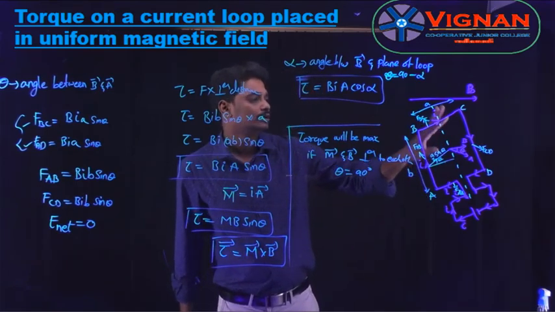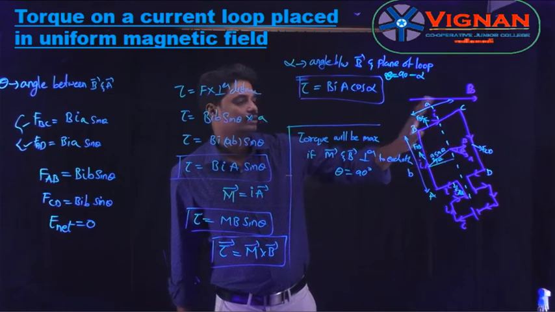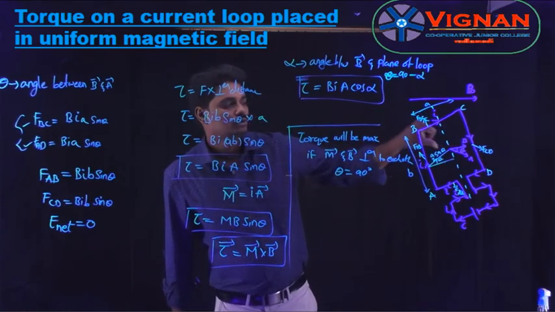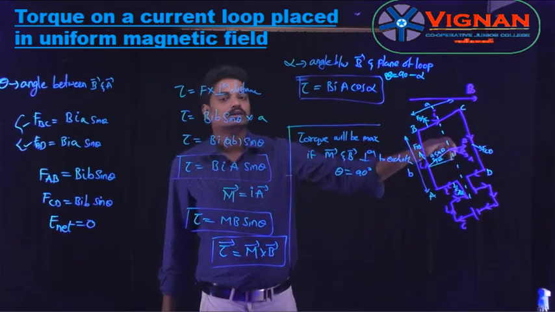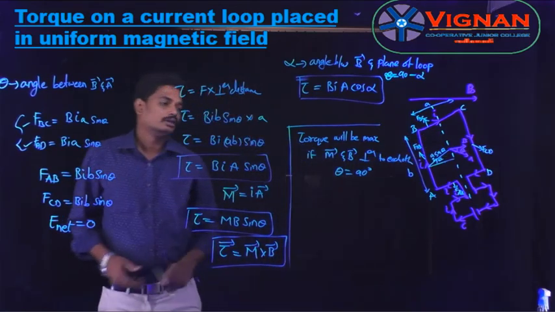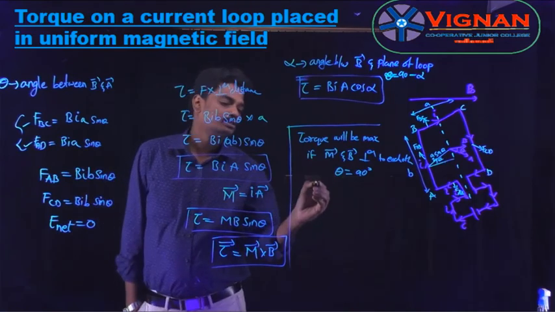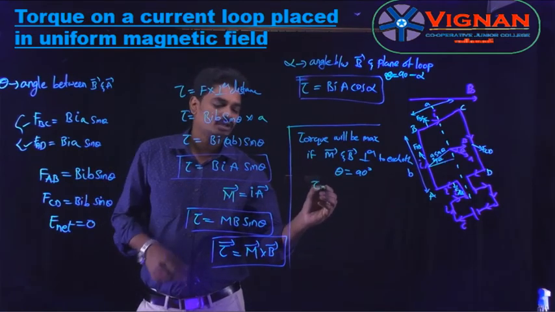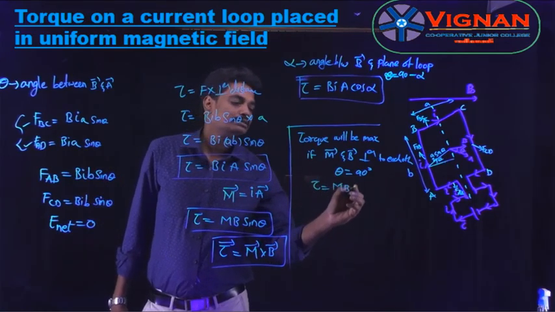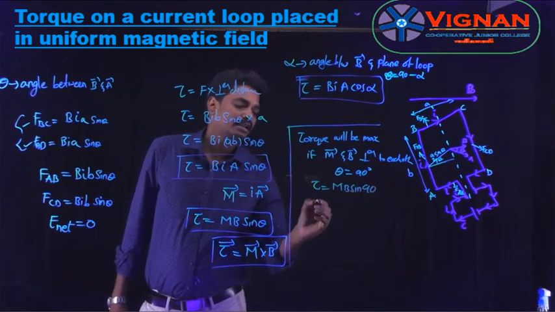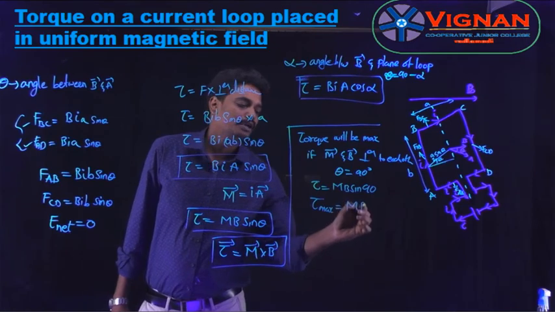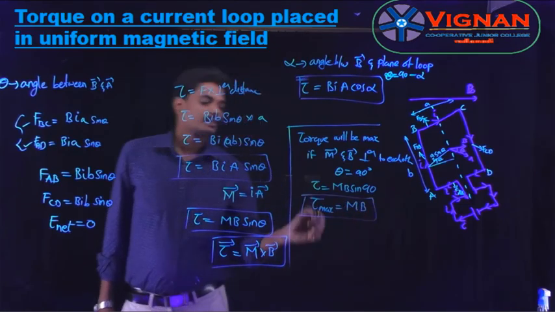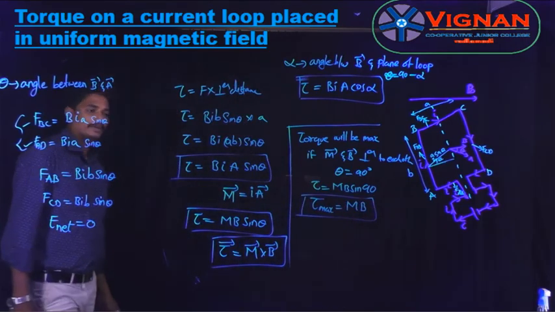So here the direction of the magnetic moment will be inwards. If theta is equal to 90 degrees, from the expression torque tau is equal to MB sin theta, which is sin 90, the maximum torque will be equal to M into B.